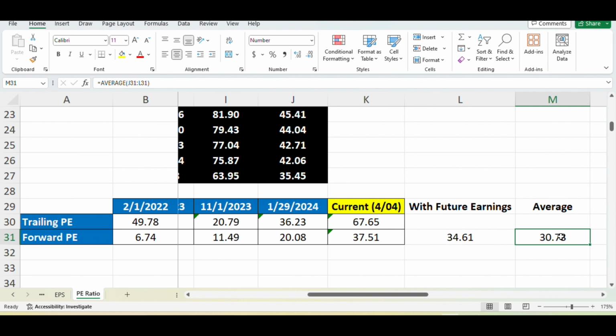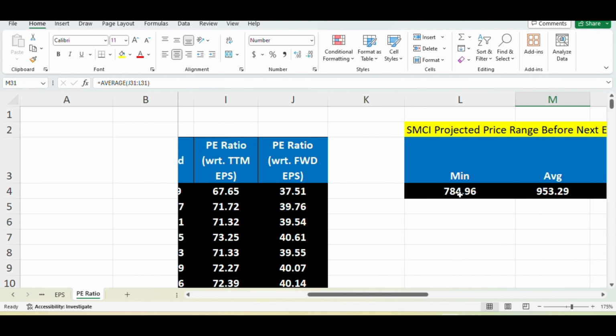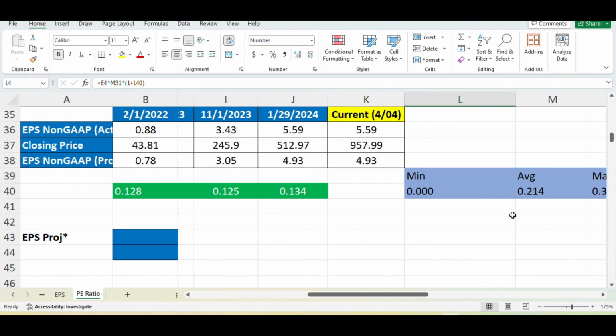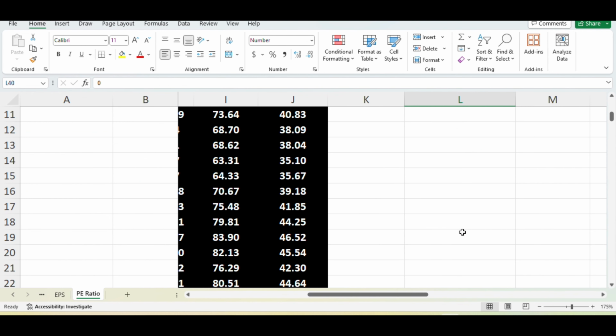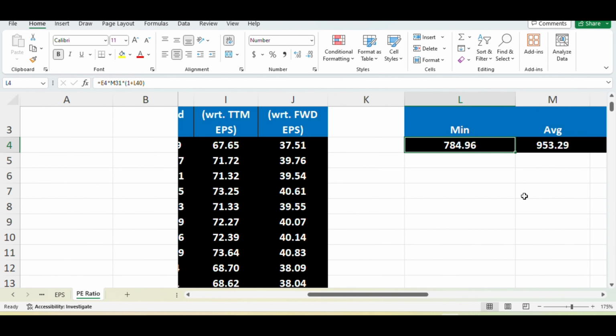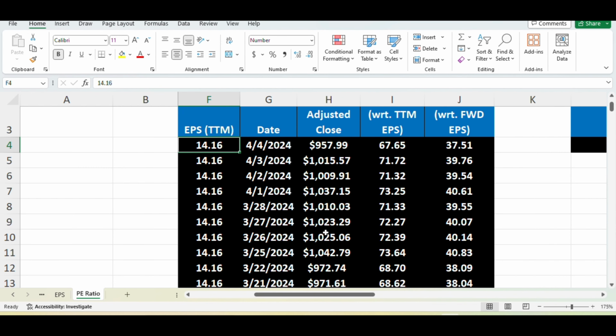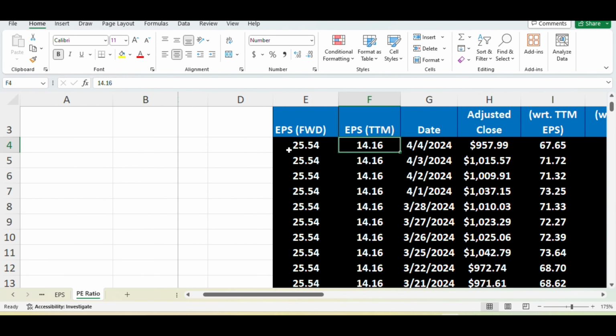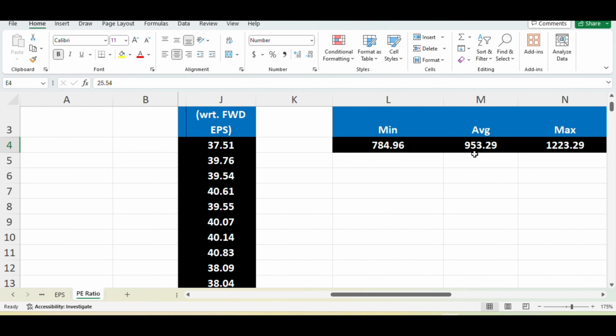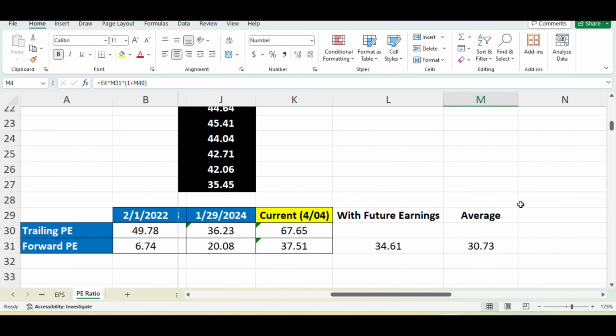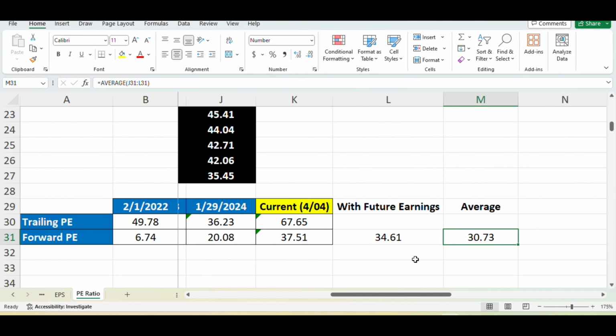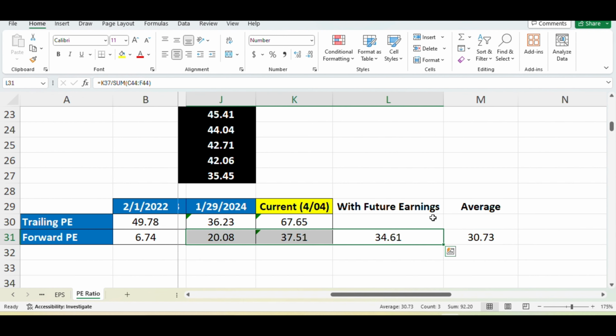So I'm calculating the average here, 30.73, using that here, M31, and then also I'm using the minimum earnings surprise, that is 0. So that gives me 784. For the average, same thing, I'm using EPS forward, and also multiplying it with M31, that is the average forward PE for these 3 numbers.